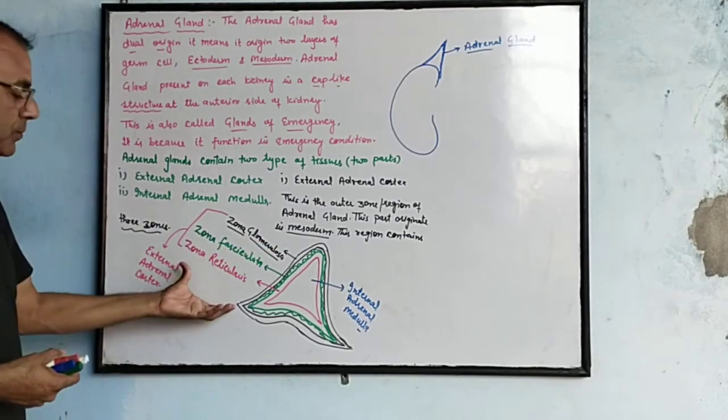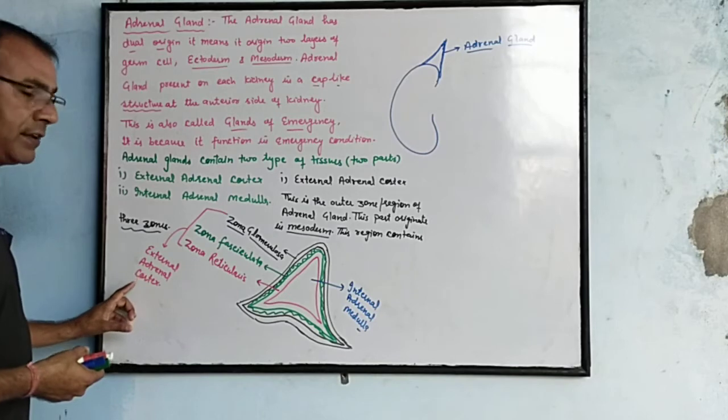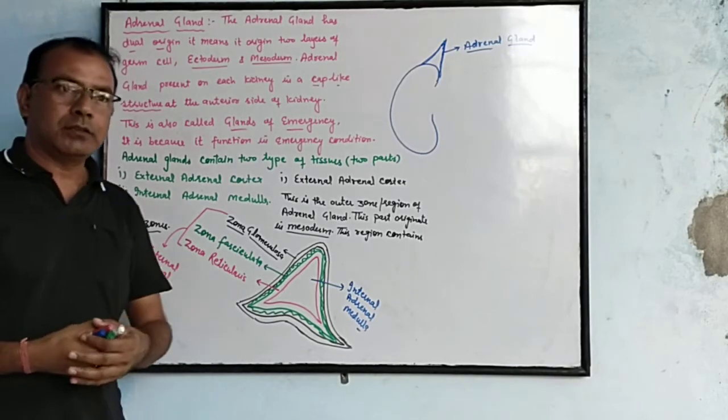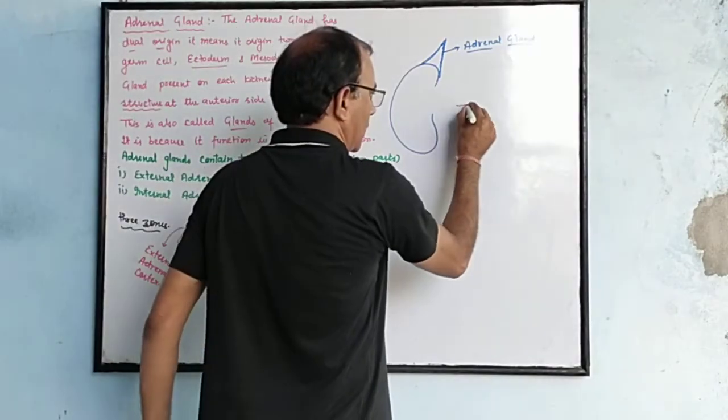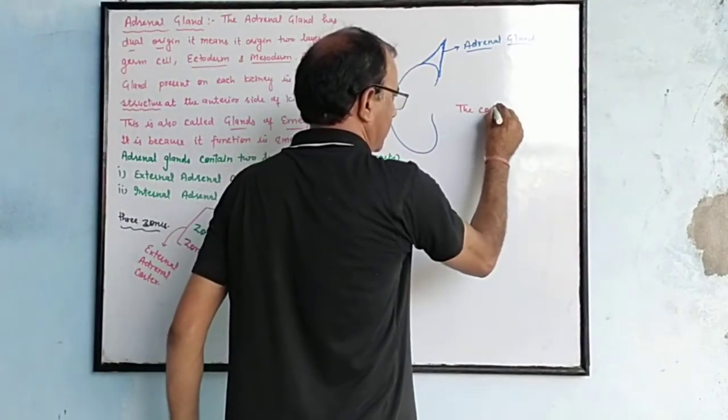These 3 zones, which are part of the adrenal cortex, secrete 20 types of steroid hormones.